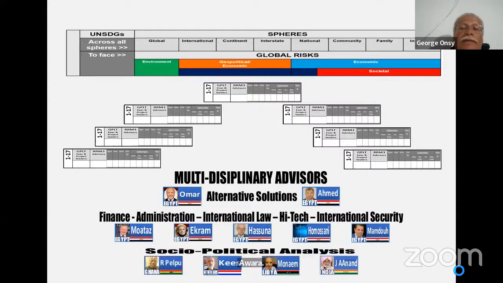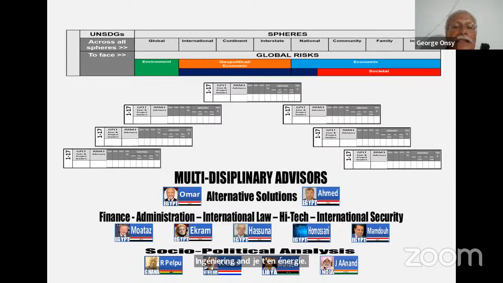our advisors. We have different levels of advisors. The technical level, who work on alternative solutions, like Dr. Omar and Dr. Ahmad, for engineering and alternative energy, alternative and technological solutions.